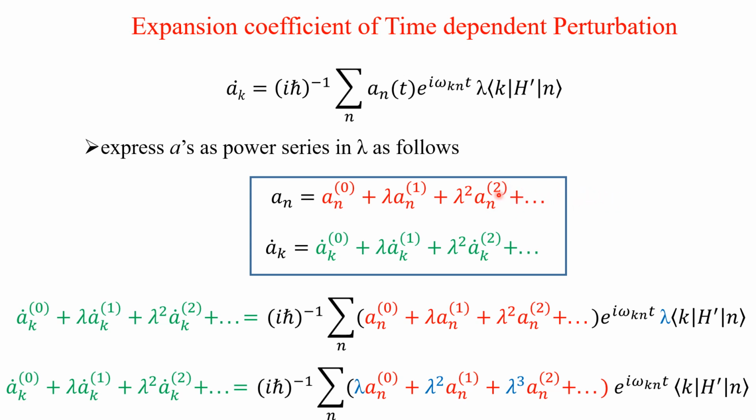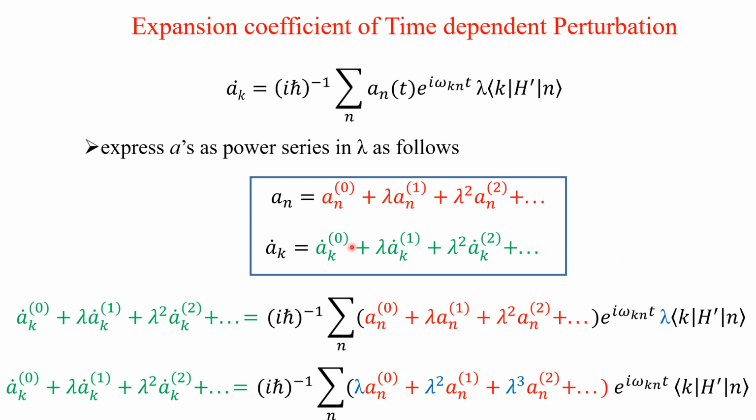As we are interested only in the first two terms, I have taken up to the second order correction. Then similarly, a_k dot is equal to a_k dot 0 plus lambda a_k dot 1 plus lambda squared a_k dot 2, and it will go on.